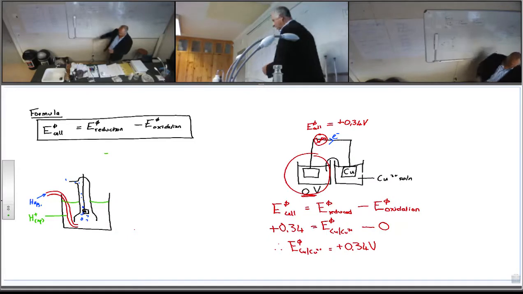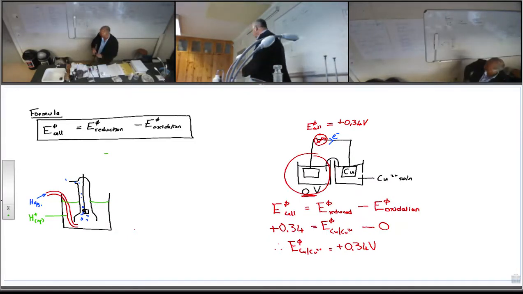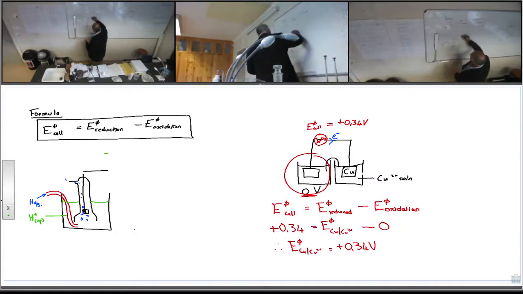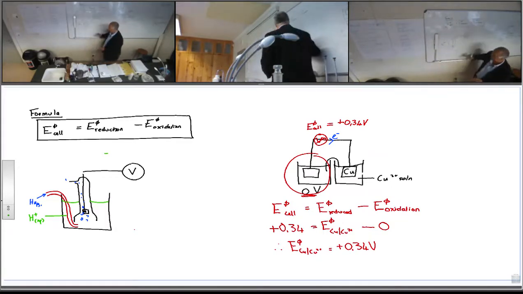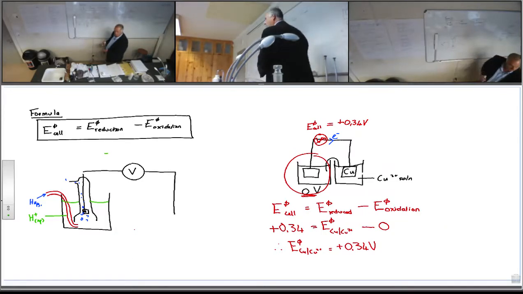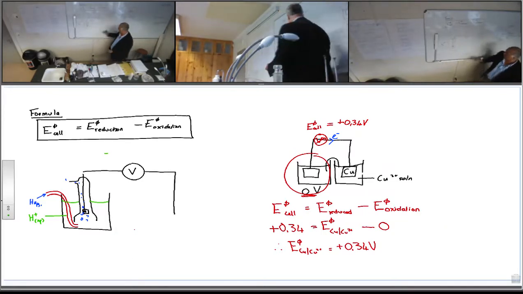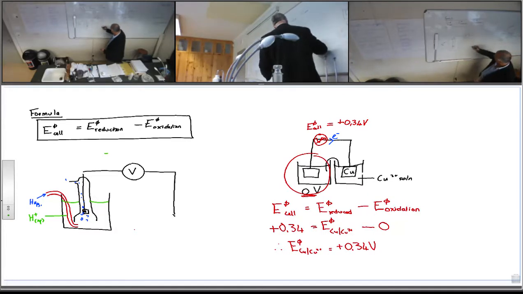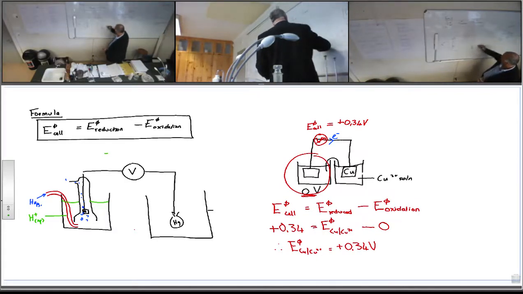So they would set up that hydrogen electrode. What would they connect it to? A voltmeter. And then they would set it up with whatever half cell you wanted to test. Say there's your mercury, Hg2+ solution, whatever mercury salt.